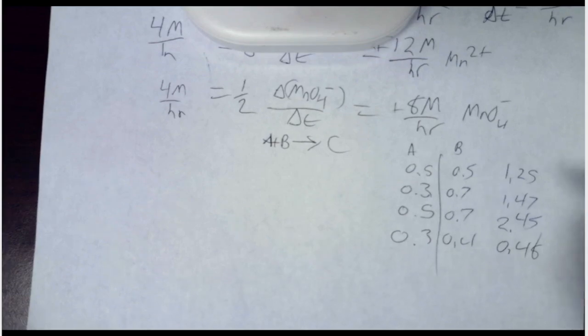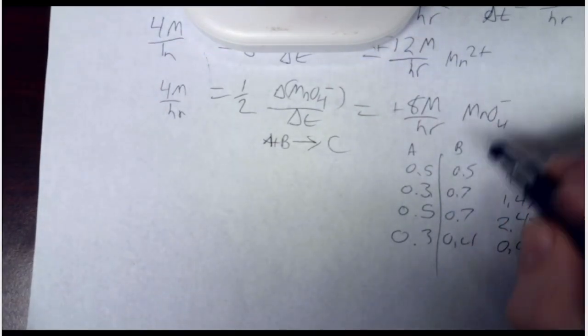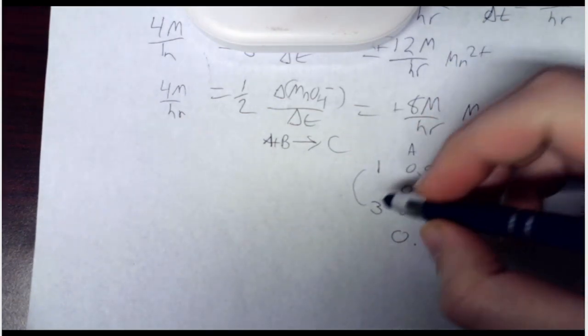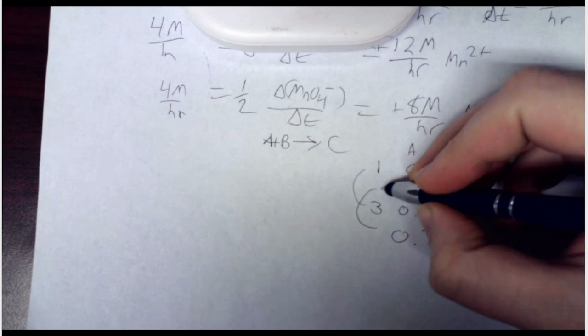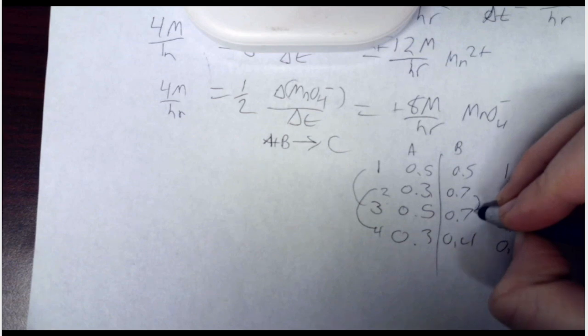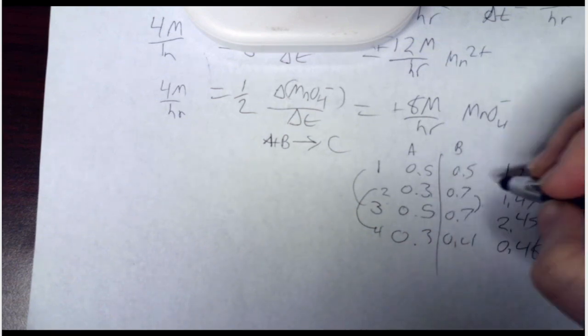So we want to compare reactions where one thing changes. Reactions 1 and 3, only B changes, or reactions 2 and 4, once again just B changes. Reactions 2 and 3, only A changes.